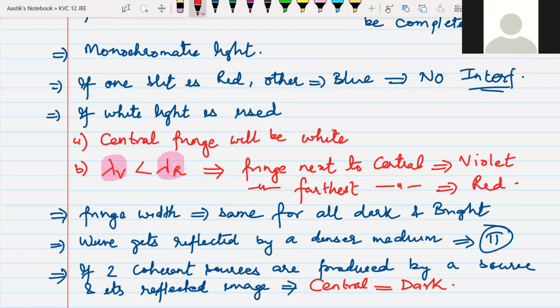Most of the points that you are supposed to know are right there in front of your screens. Apart from this, whatever is left are a couple of formulae, and we are going to do this in your next class.